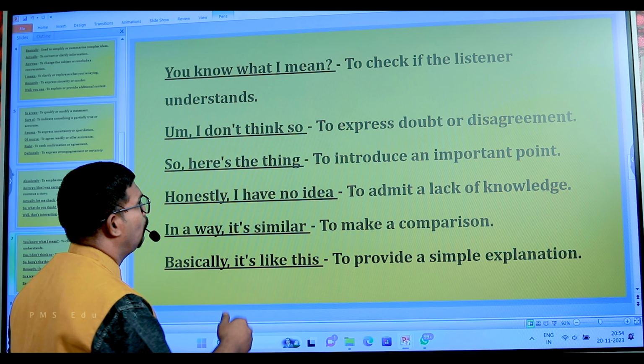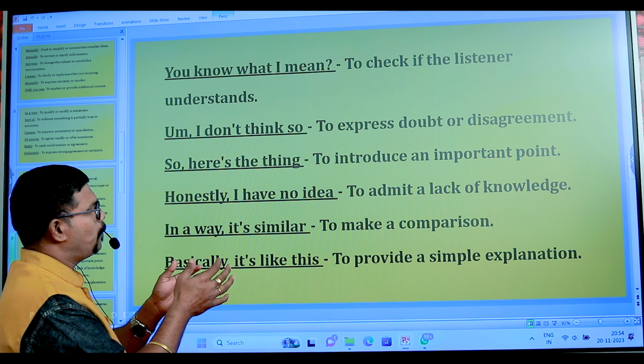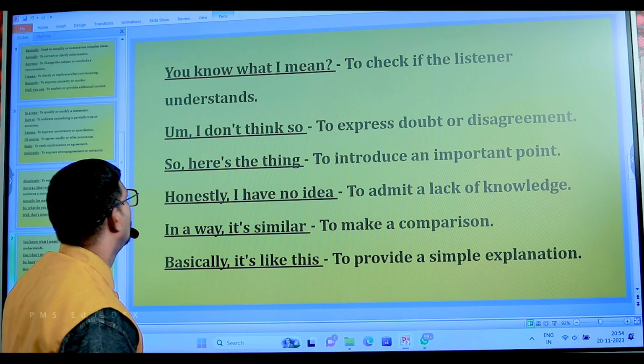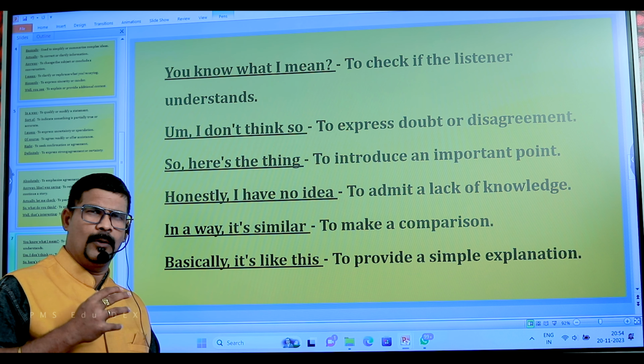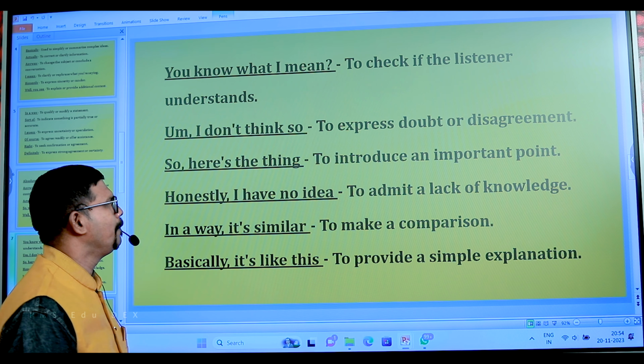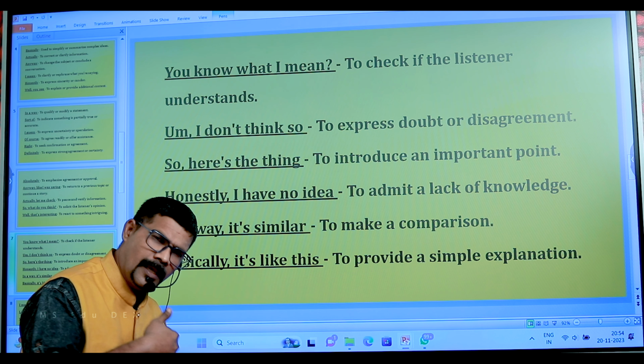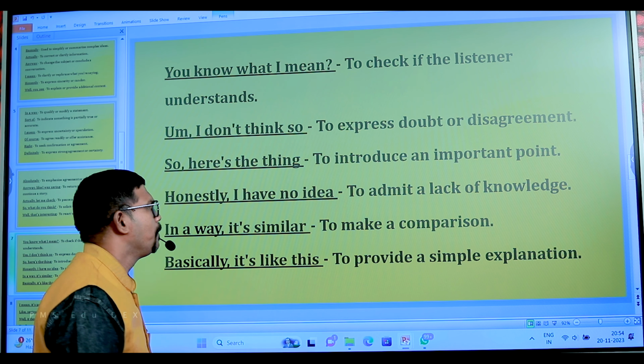I don't think so, to express doubt or disagreement. When you say "I don't think so", it expresses disagreement and doubt about the statement or idea. So here is the thing, to introduce an important point.